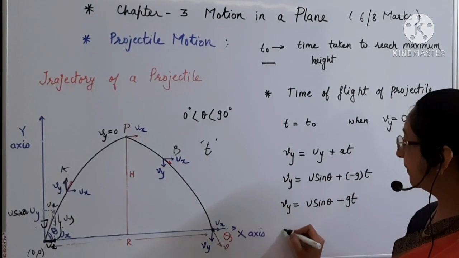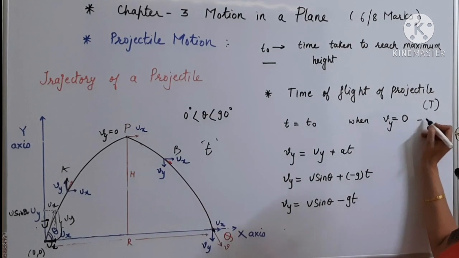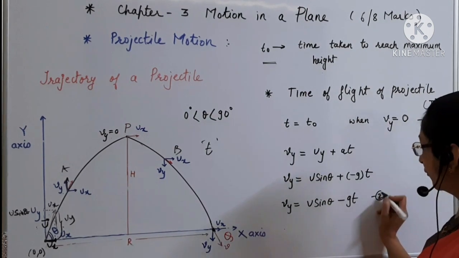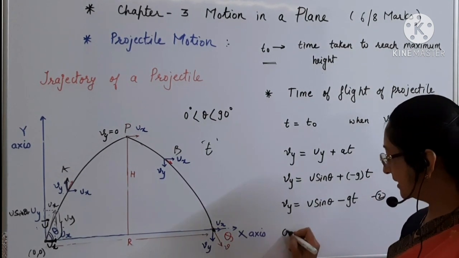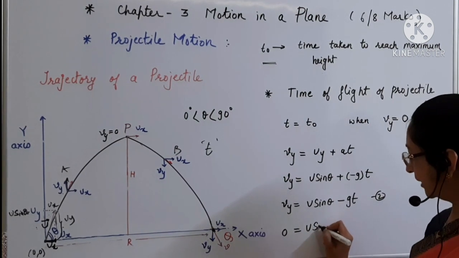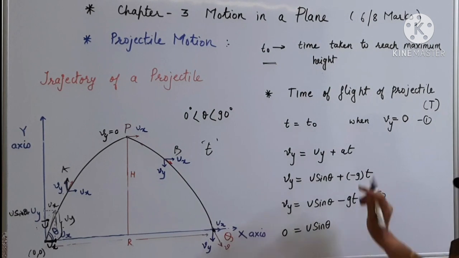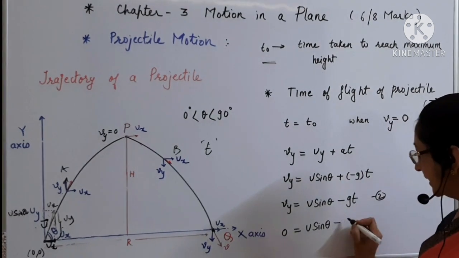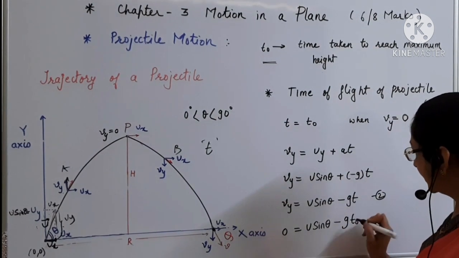So let this be 1 and this be 2. So from 1 and 2 we get 0 equal to u sin theta minus g into T0.